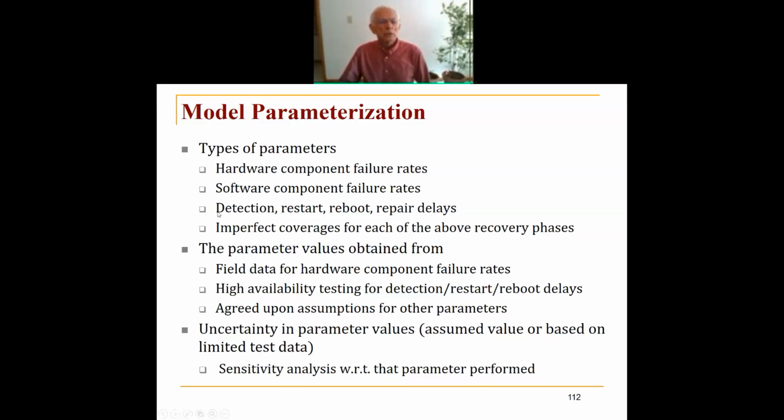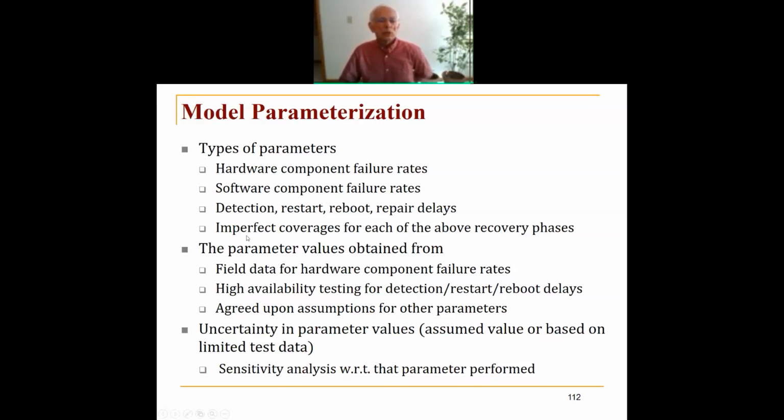To find the detection, restart, reboot delays, it turned out that before I was given this modeling task, another group in IBM Annapolis lab was already injecting faults into this SIP implementation on WebSphere and had obtained data that was useful for us to estimate the mean detection delay, mean restart delay, mean reboot delay, and so on.